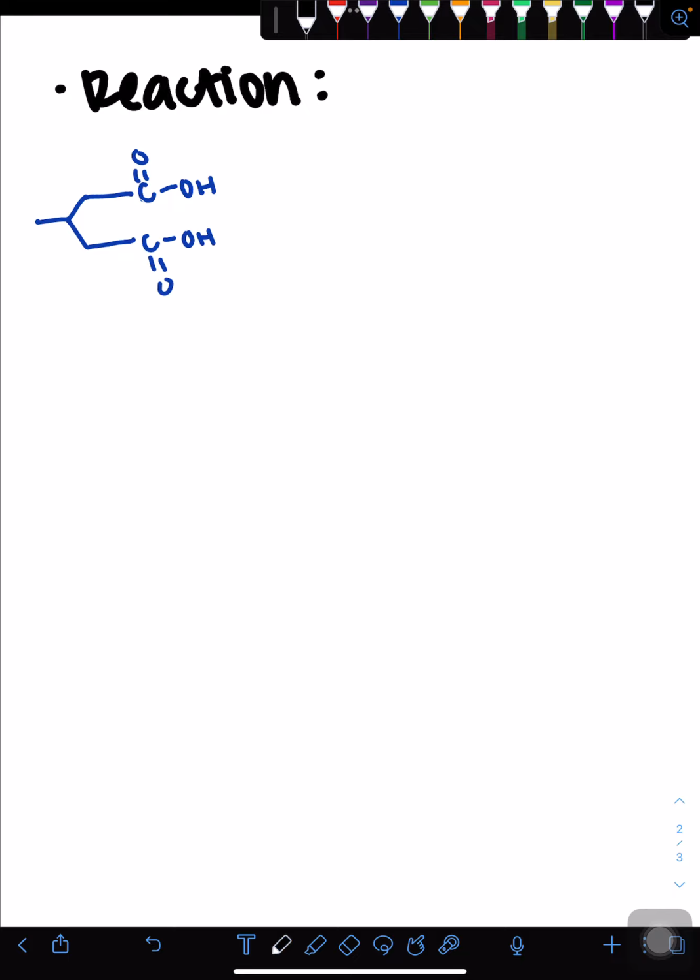And we reacted it with the acid anhydride and heat. What would we get? Let's try to figure this out by looking at the mechanism.